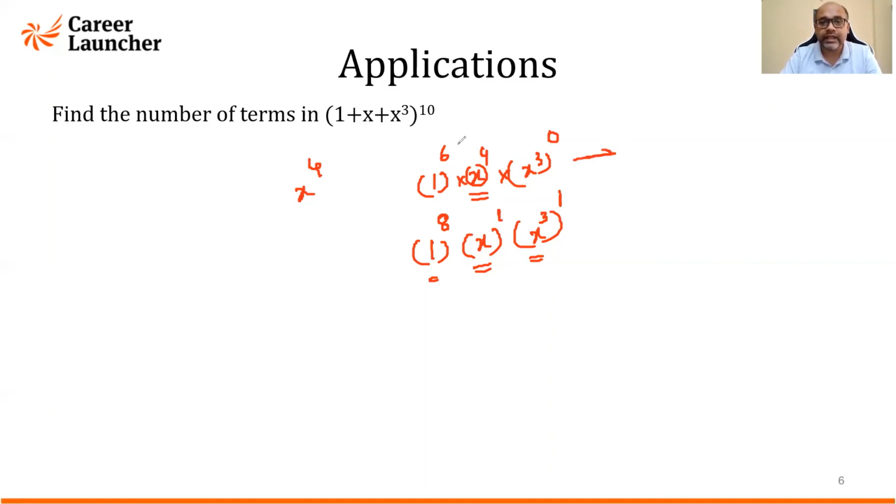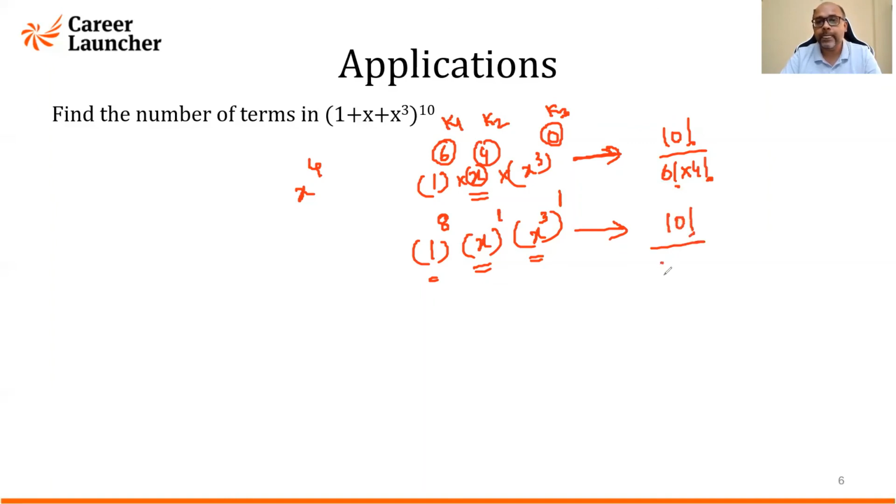Now this basically means this is your k1, this is your k2, and this is your k3. The coefficient of this term is 10 factorial by 6 factorial into 4 factorial. The coefficient of this term is 10 factorial by 8 factorial into 1 factorial and 1 factorial. I'm not writing that.